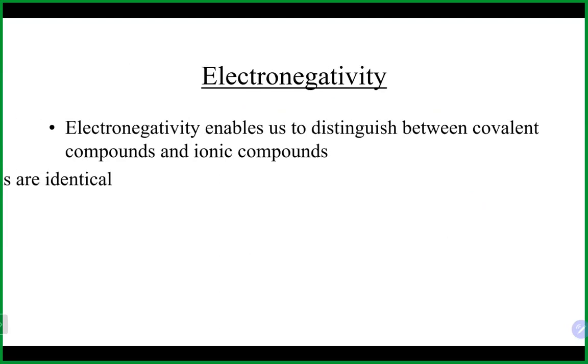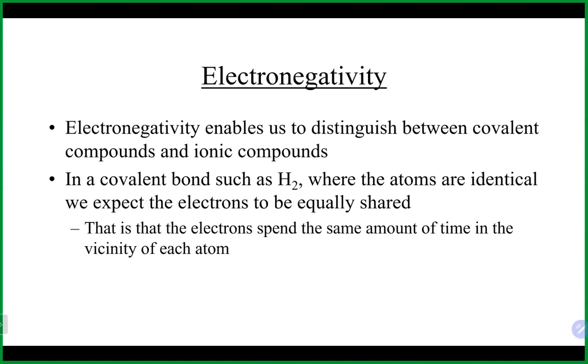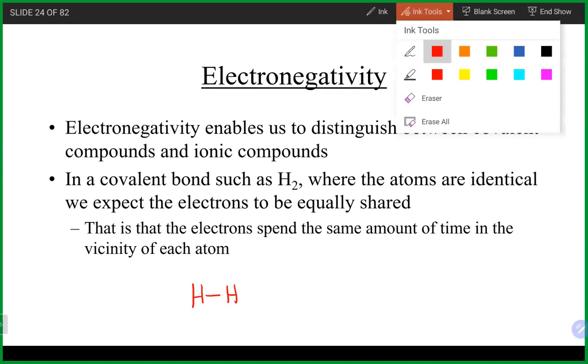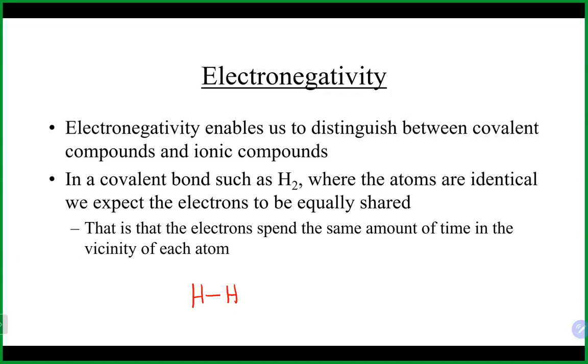Okay, so let's talk a little bit about electronegativity and how it affects our bonding. When we have a bond like our hydrogen, because both of them are hydrogen, they have identical electronegativity and all the other properties are going to be identical. So when these electrons get shared between them, we would expect the electrons to be shared equally.